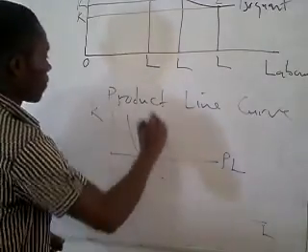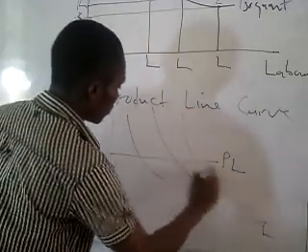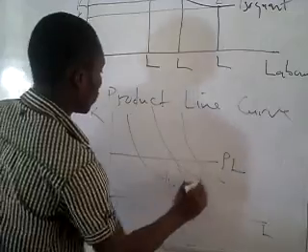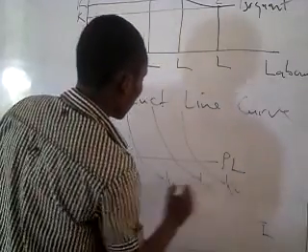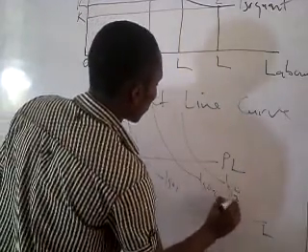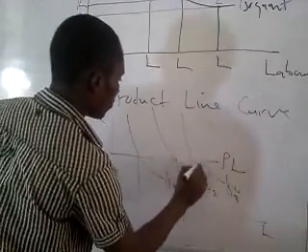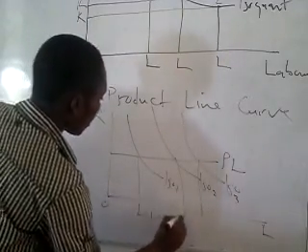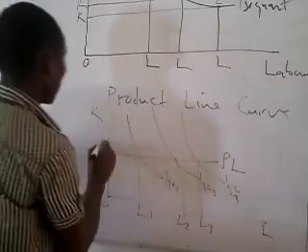So there can be several isoquant curves. This is the first isoquant curve. Second one. So labor 1, labor 2, labor 3.